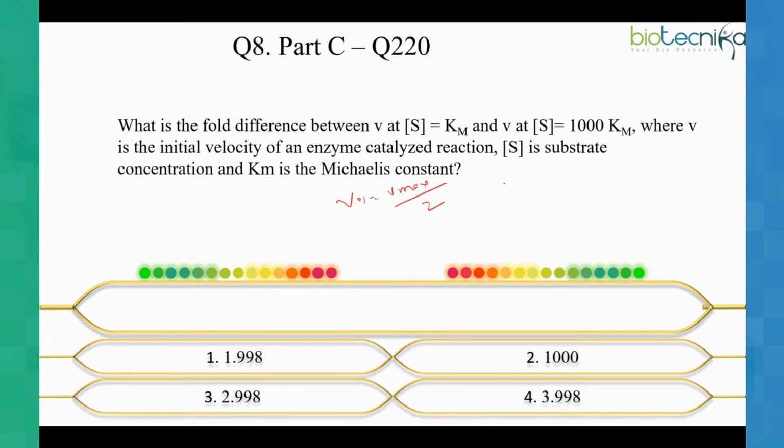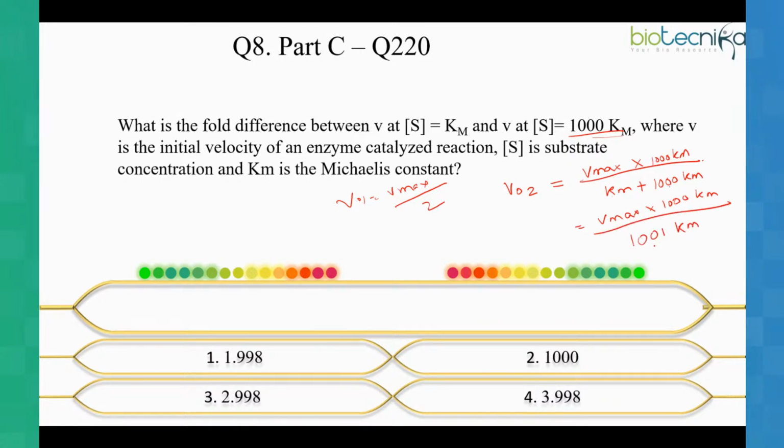Now your V02 you have to calculate. Again we take Vmax into substrate, and this time the substrate is 1000 Km, divided by Km plus 1000 Km. So here it will be Vmax into 1000 Km divided by 1001 Km.